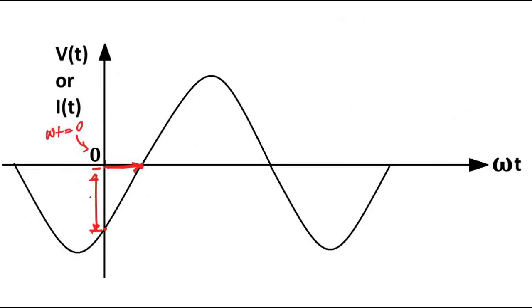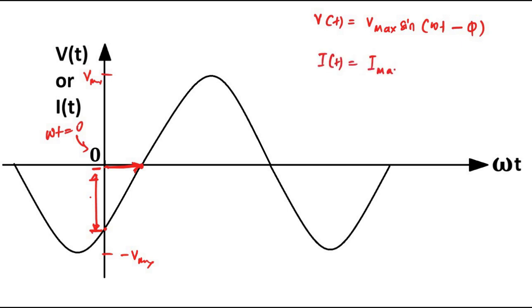So here we will represent this parameter, if it is a voltage, as Vmax, where plus Vmax is the maximum and minus Vmax is the minimum. Then we represent it as Vmax sine omega t minus phi. If it is current, it is Imax sine omega t minus phi.